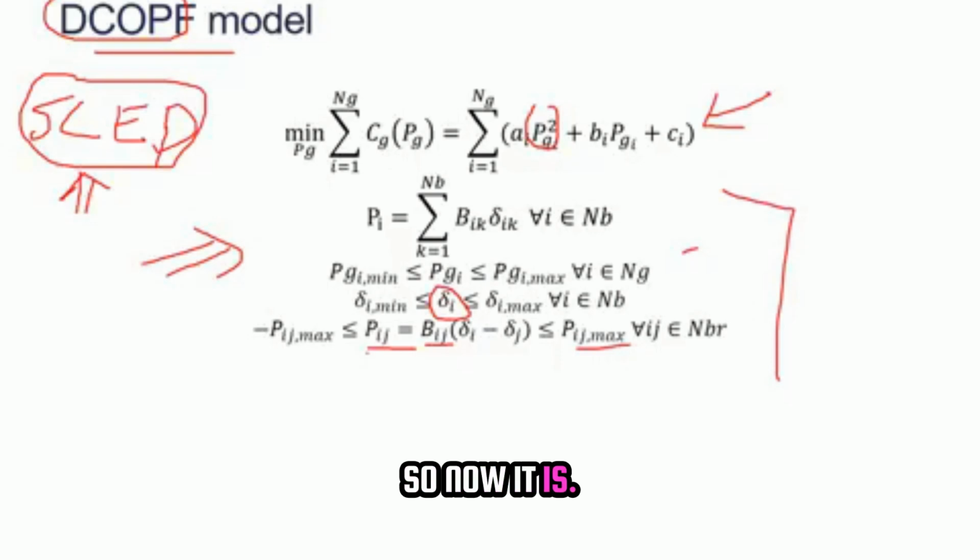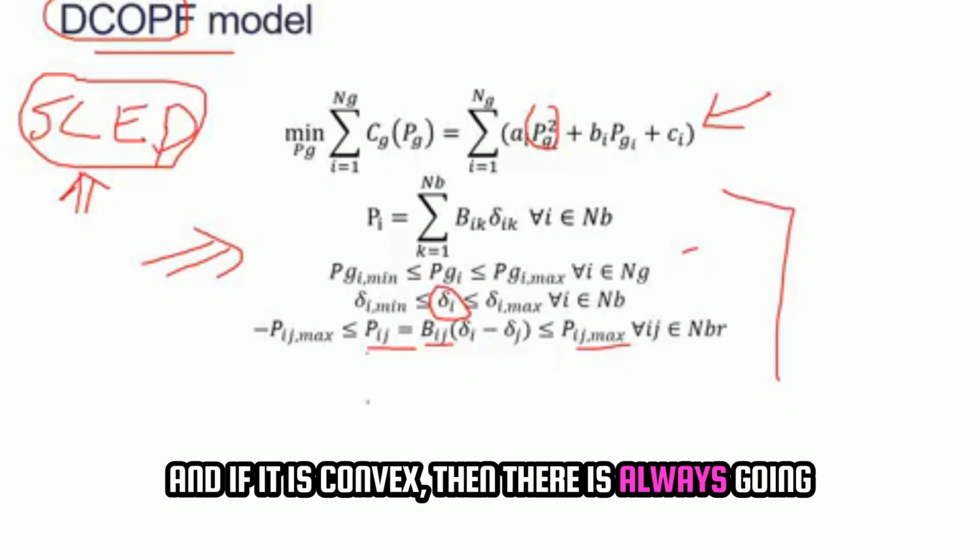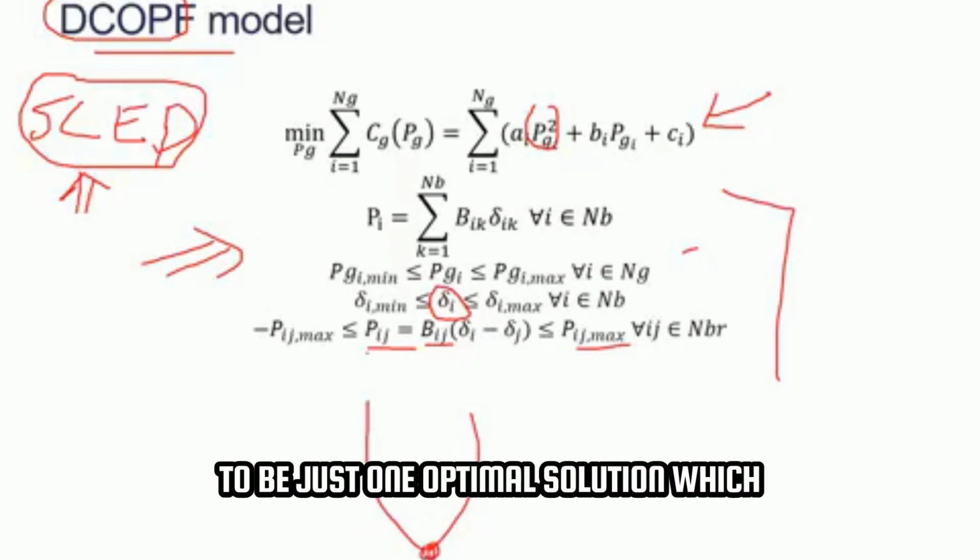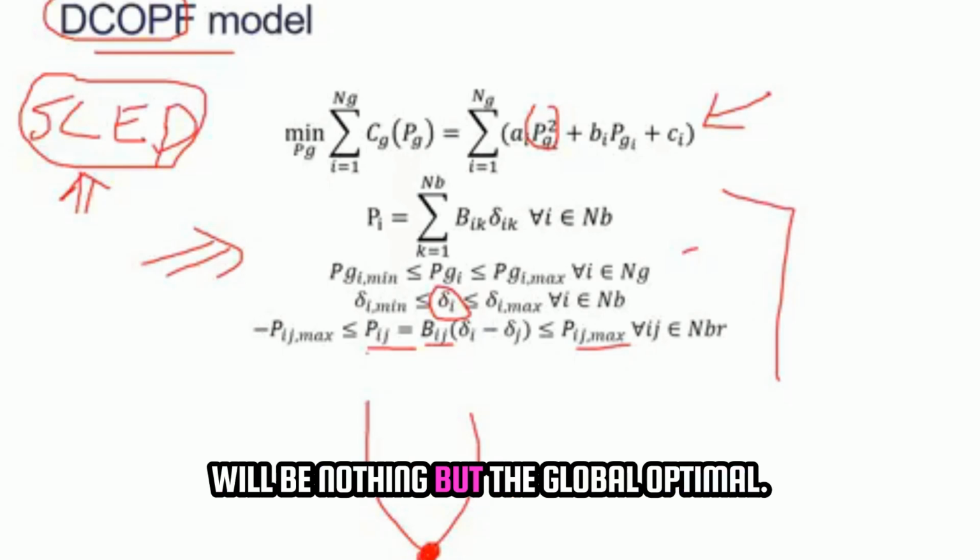And if it is convex, then there is always going to be just one optimal solution, which will be nothing but the global optimal.